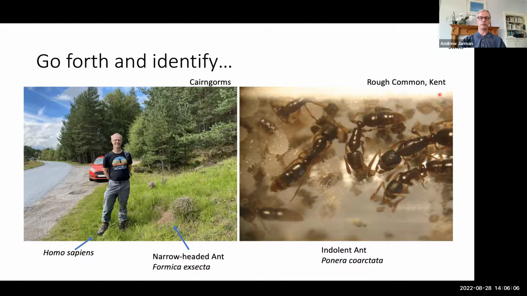But hopefully it gives you the confidence to go and tackle the keys in more detail. And eventually, if you do that, you'll come across ants that don't fit those common species. But you'll then hopefully have the experience to go through the keys and find out what they are. And then hopefully you'll find other really nice goody ants, such as this narrow-headed ant here in Scotland. Here's a nice nest here, or something called the indolent ant.